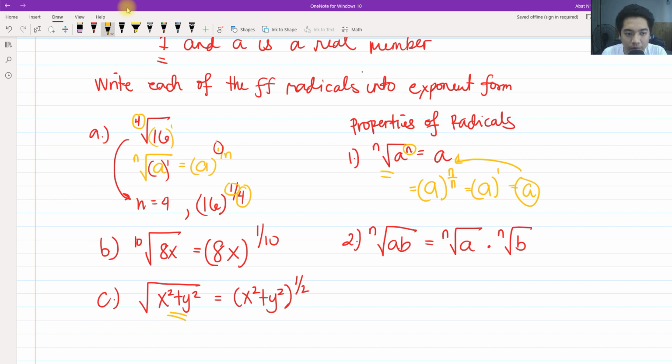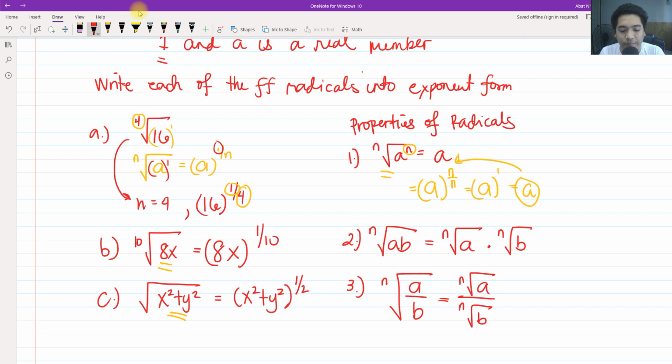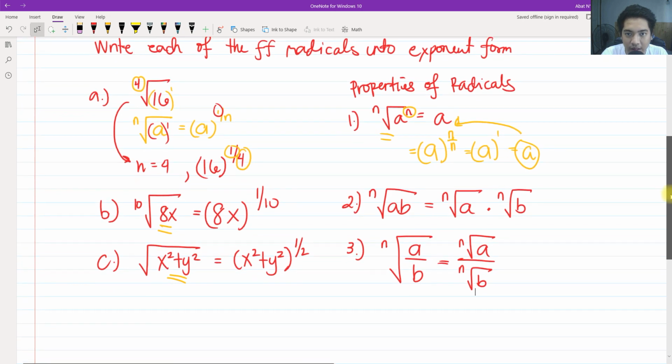For number 3, if we have a division, the nth root of A over B, we can separate them as the nth root of A over the nth root of B. That's the property that we are going to take note of when we are dealing with radicals.